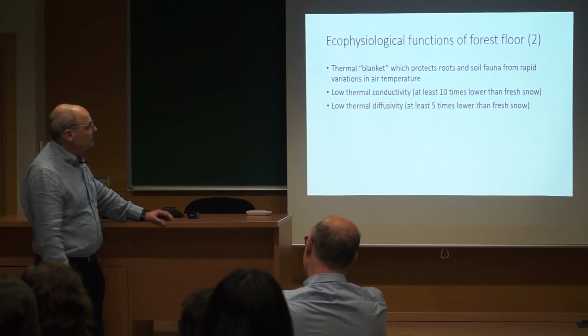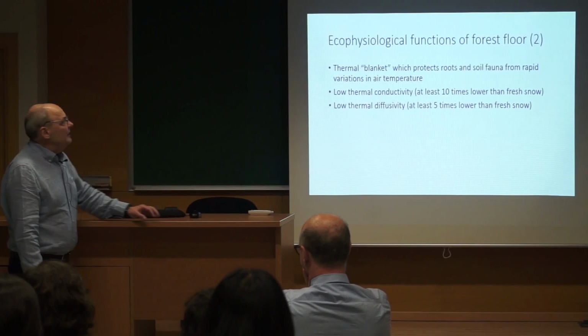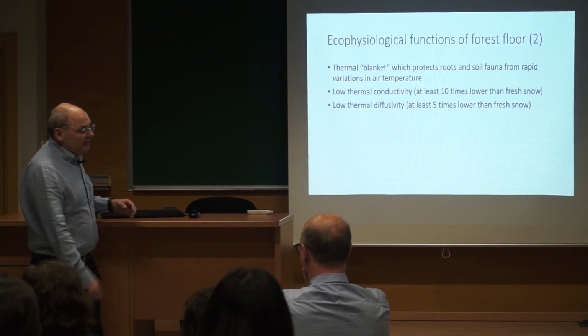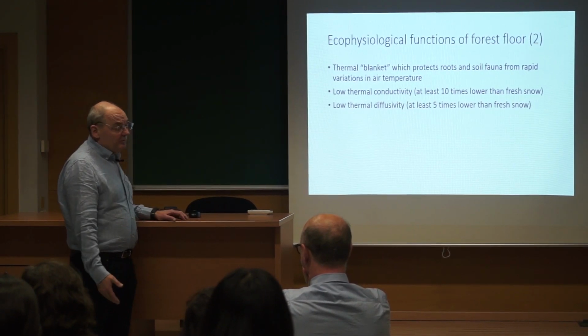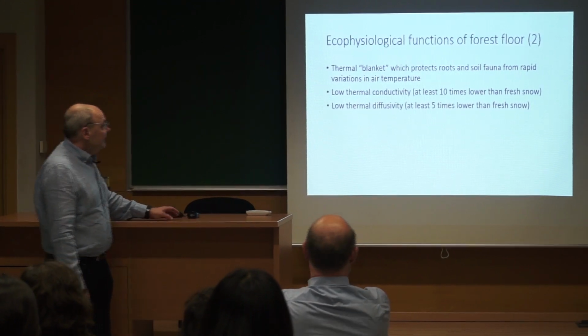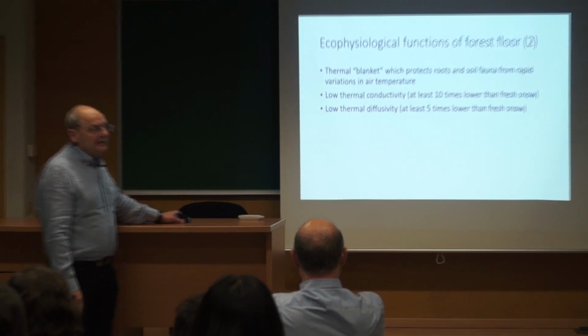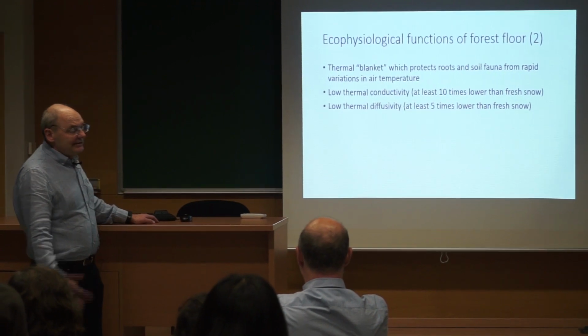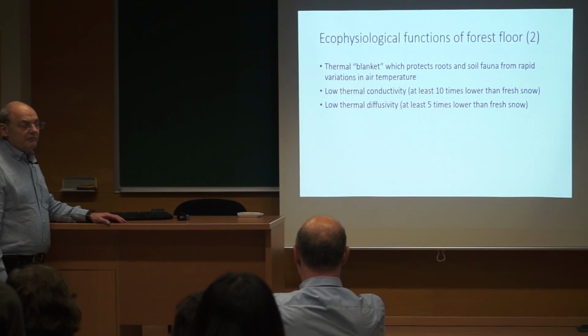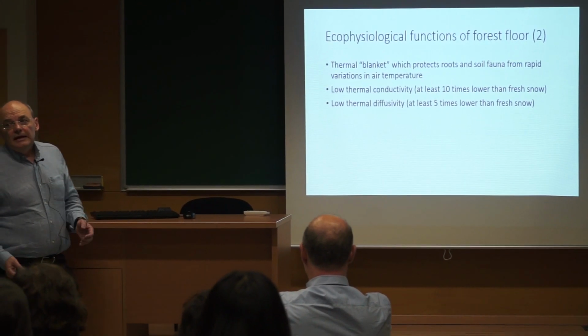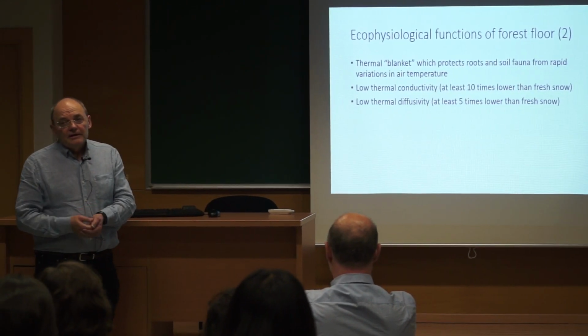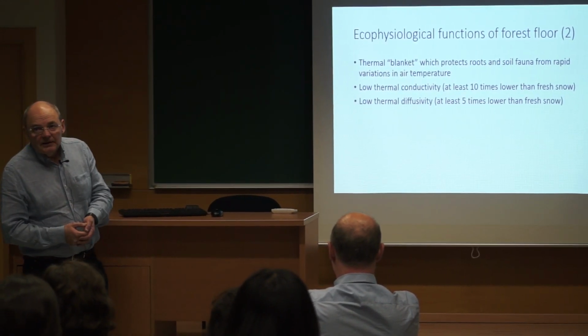So it protects roots and fauna there. This function is supported by two important physical properties of this forest floor. It has very low thermal conductivity, which is at least 10 times lower than, for example, thermal conductivity of snow. And snow, as many people know, is a very good thermal insulator.